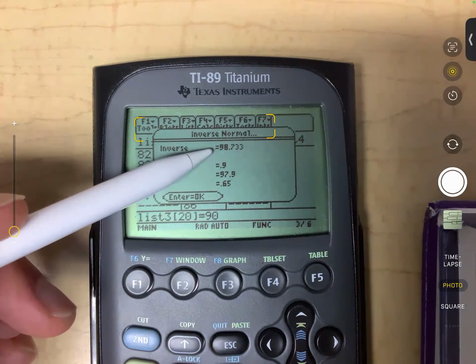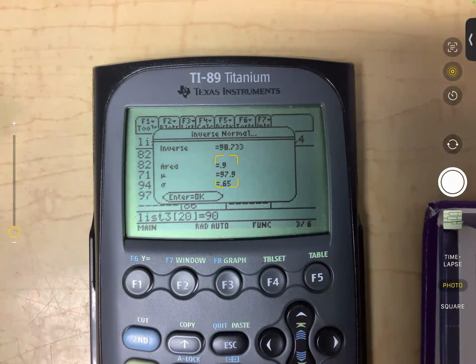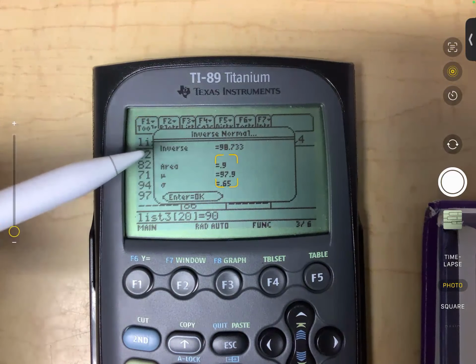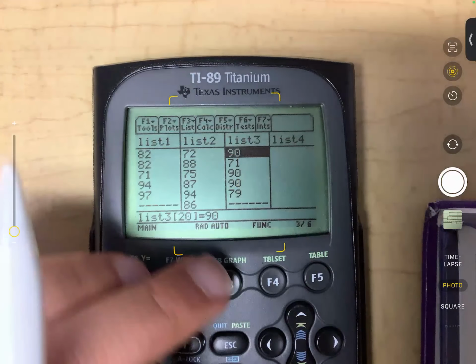There it is. 98.733. This is called an inverse normal calculation. You start with some knowledge of a percent, either below or above, and you can find a location. Just be careful with it.